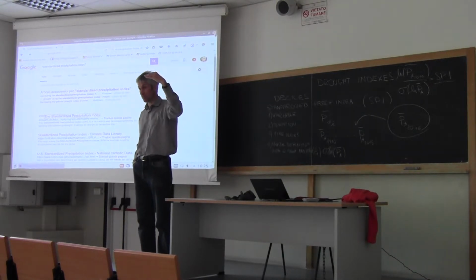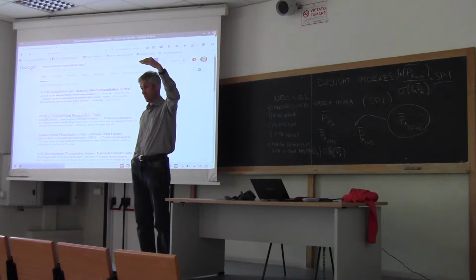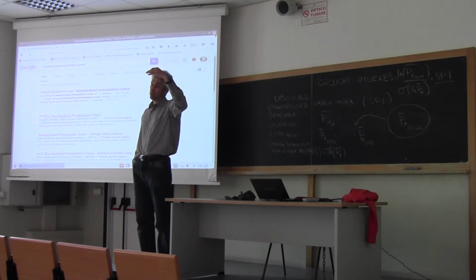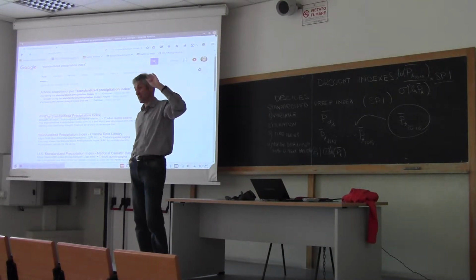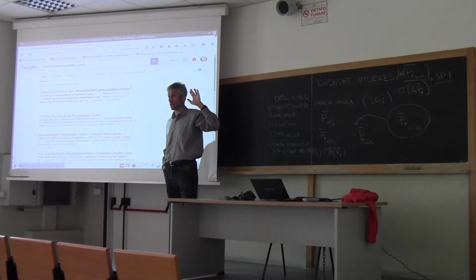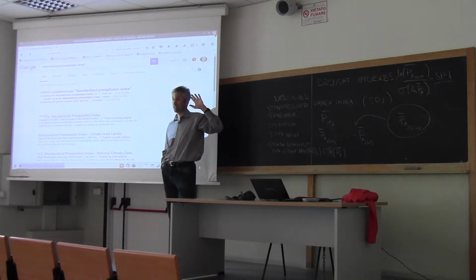If it's positive, you are above the mean. So if you are usually above the mean, then it's not a drought, because a drought is defined as below average. So you have to be concerned by negative values of the SPI.